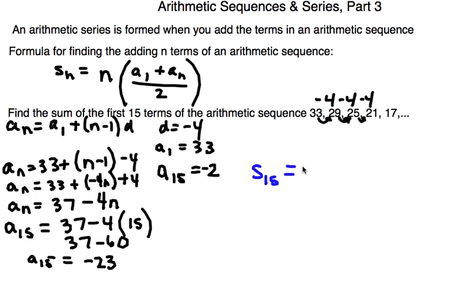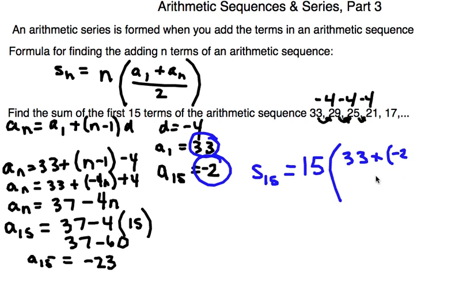Okay, the n is the number of terms, so we have 15 terms in the sequence, times our first term is 33, plus our next term is -2. Okay, that's our 15th term. And then we're going to put all of that over 2.